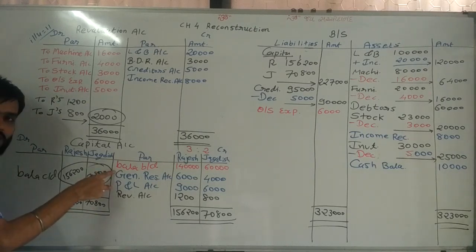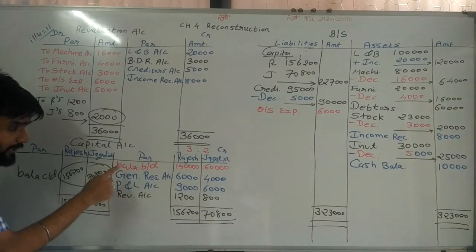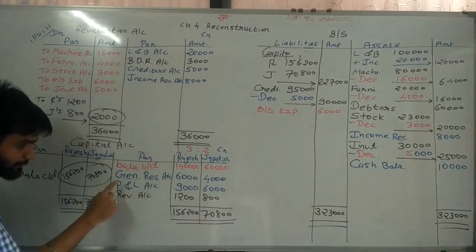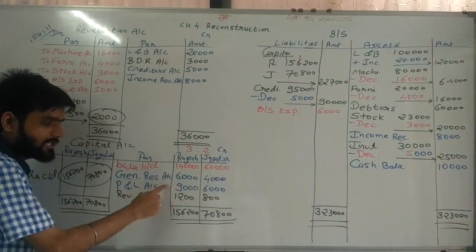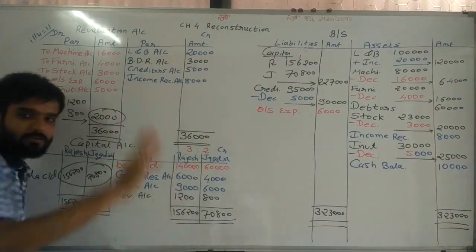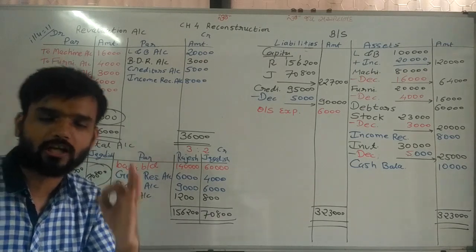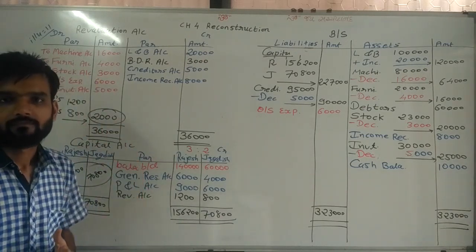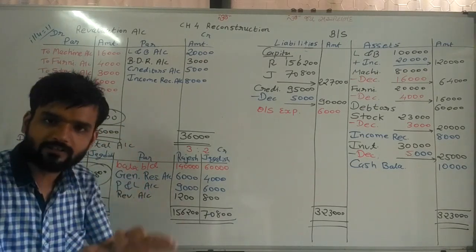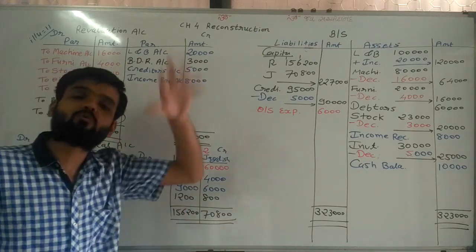So this general reserve distribution and P&L distribution entry we need to write. Again I am repeating. General reserve account debit, P&L account debit to Rajesh capital account, to Jagdish capital account. This is your journal entry. And these journal entries are new in this sum. In last sum, it was not there.